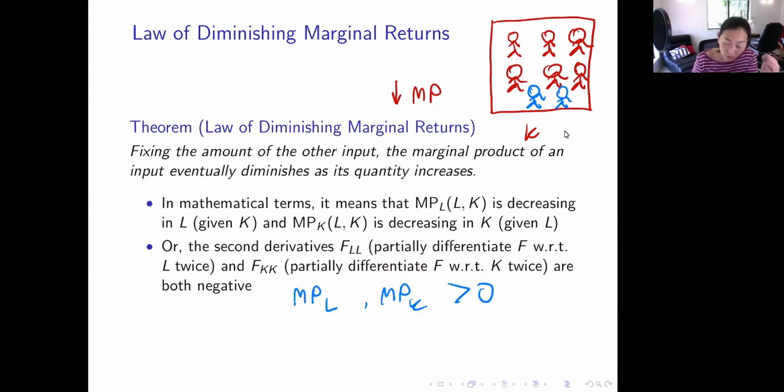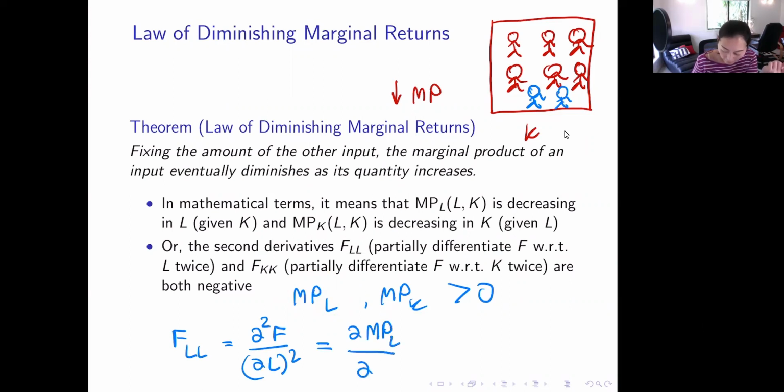But if you take the derivative of the marginal product, this is called F_LL, which is taking the derivative of these functions twice, also equal to the partial derivative of the marginal product of labor with respect to labor. These are all equivalent.